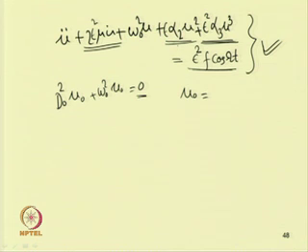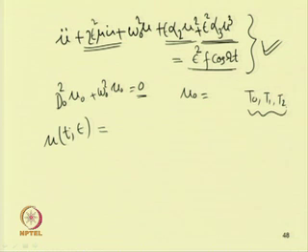So, we can take the solution u(t, epsilon), where epsilon is the parameter, using different time scales, t 0, t 1, up to t 2, taking these 3 time scales, where t n is nothing but epsilon to the power n times t. Here epsilon is the bookkeeping parameter and t is the time.